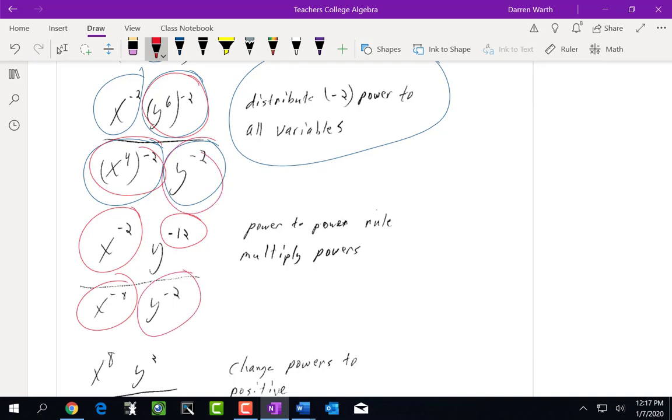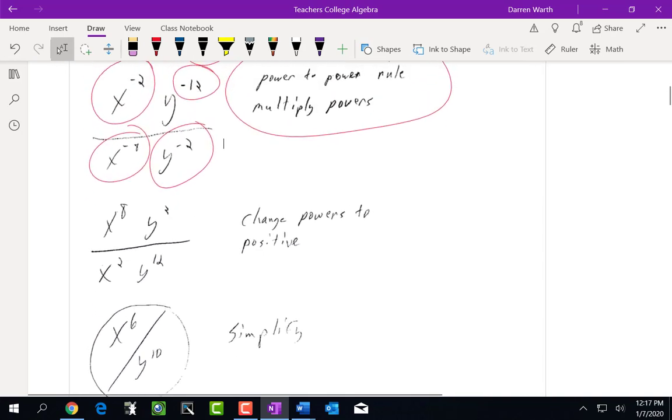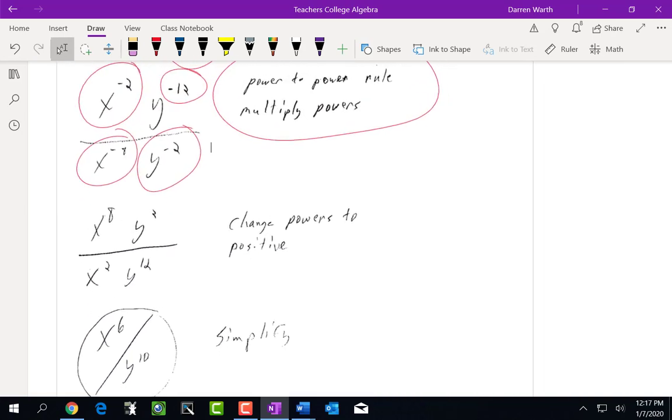So remember your power to power rule, you multiply your powers together. So now I'm going to change the powers to positive. Remember, if they're in the numerator, they go to the denominator, and if they're in the denominator, they go to the numerator. So this x to the -2, get rid of its -2 power, it goes to the denominator. I've got x to the -8 in the denominator, so it goes to the numerator, it becomes x to the 8th.